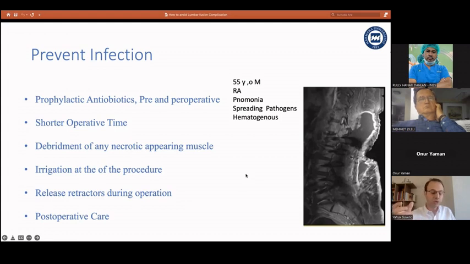Sometimes we use 1 liter of physiologic serum for washing everywhere if you make long level instrumentation. Another thing is releasing retractors during the operation, which is very important. And postoperative care is very important because it is given by the patient's family, and we tell them how to look after the patient in the first and second week after discharge.